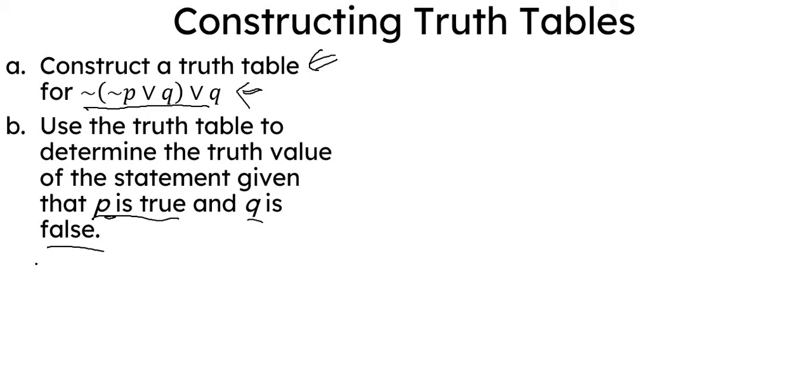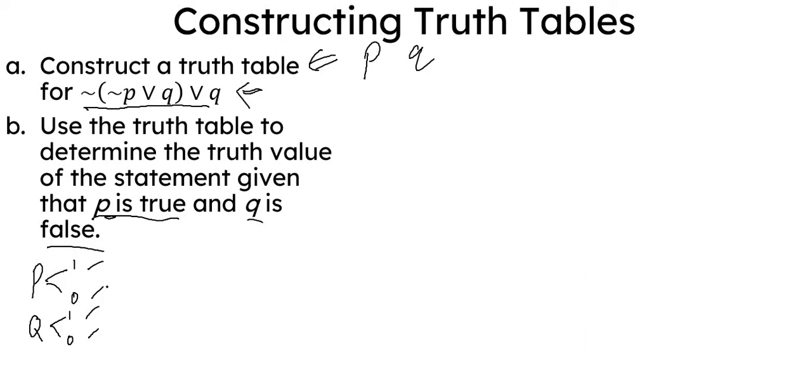Now, we know that P can be true or false and Q can be true or false as well. So, therefore, if we need to figure out what would be the possible truth values of P and Q for this statement, we would have to combine those.